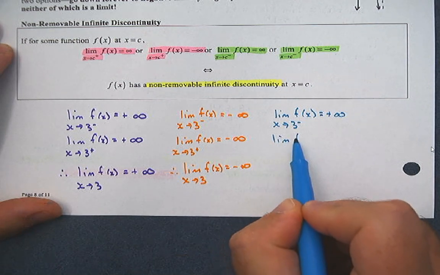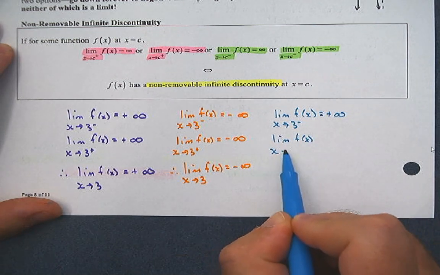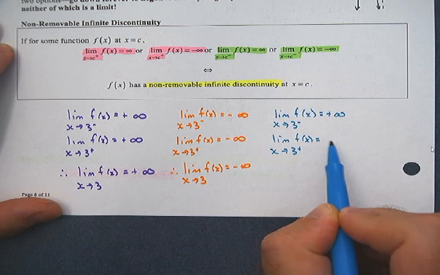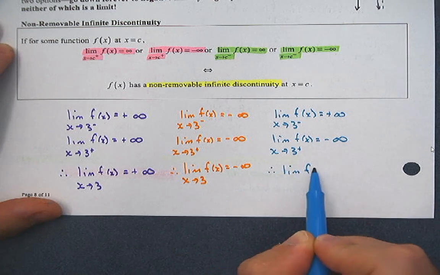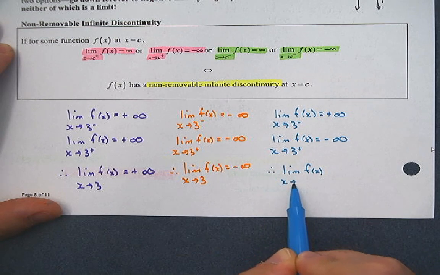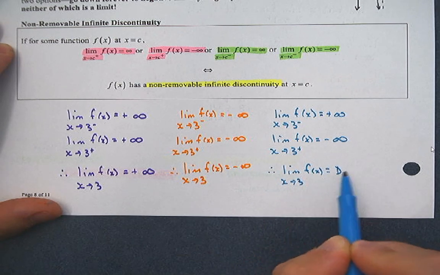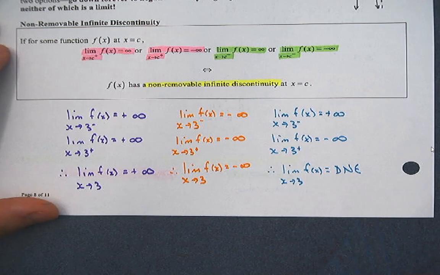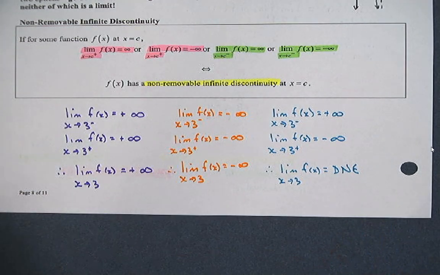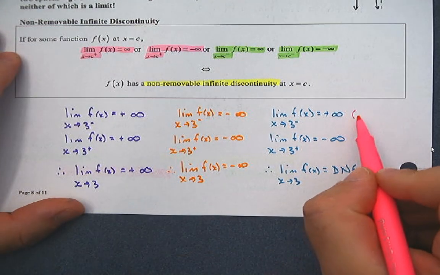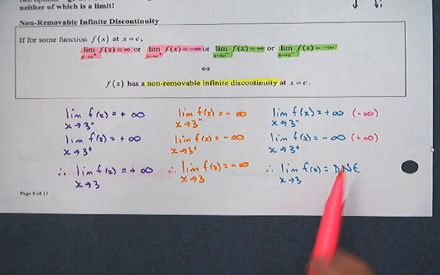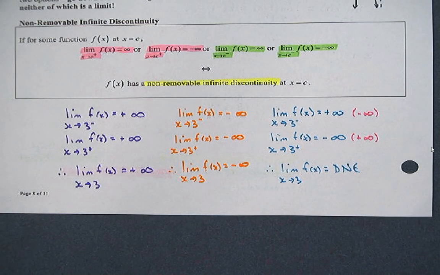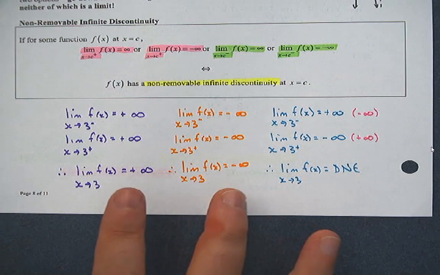The limit of f of x as x approaches 3 from the right equals negative infinity. Then the overall limit as x approaches 3 would be DNE. Now, I'm not going to do the other case. If this one's going towards negative infinity and this one's going towards positive infinity, then your overall limit would be DNE.